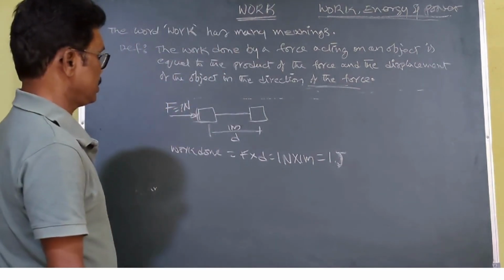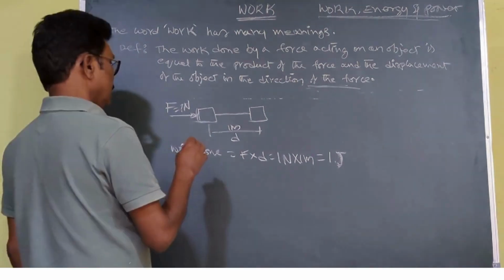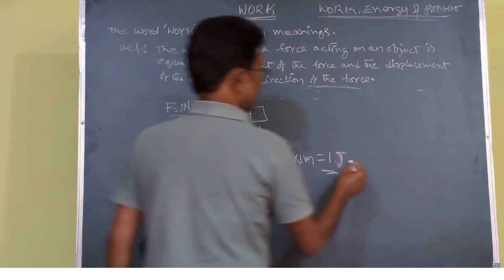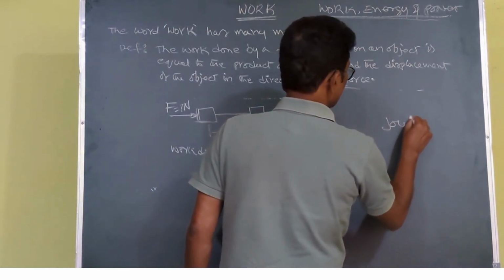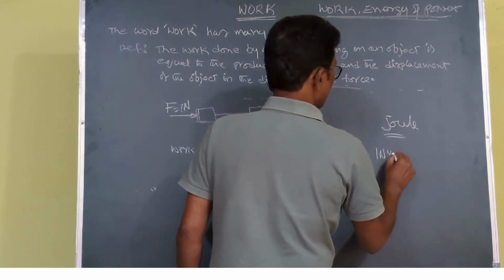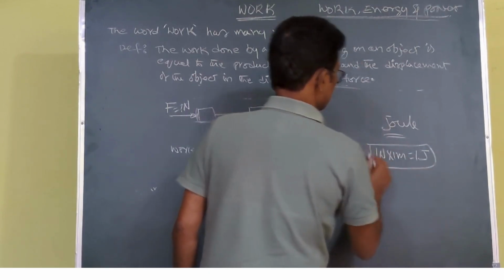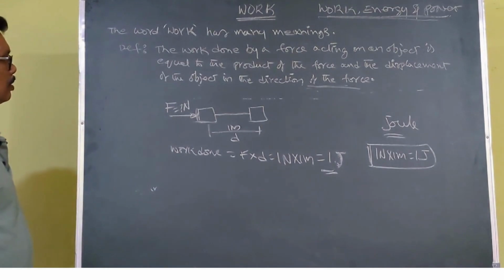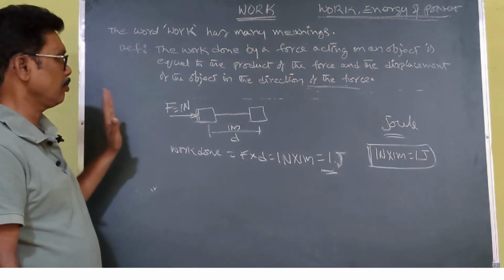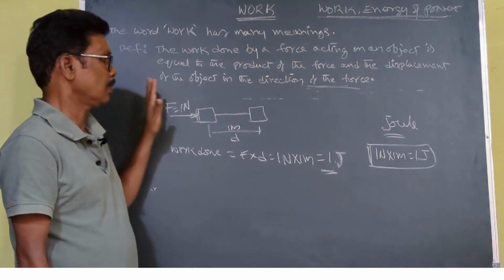This unit joule is given in honor of the British scientist Joule. So 1 newton into 1 meter equals 1 joule. This you have to remember. So like this, it has a unit: 1 newton meter equals 1 joule. This is the definition of work done.